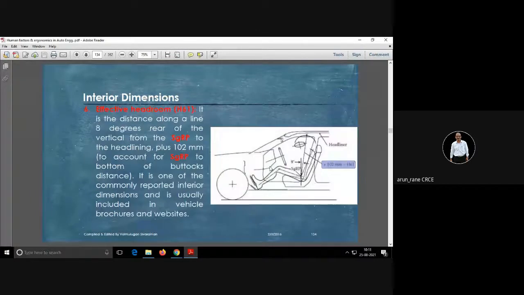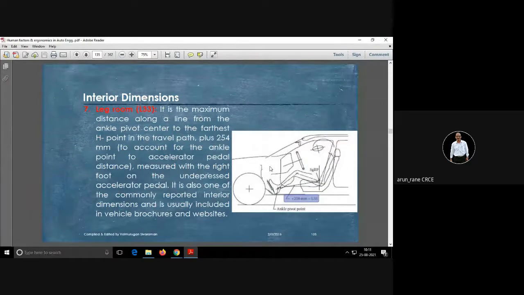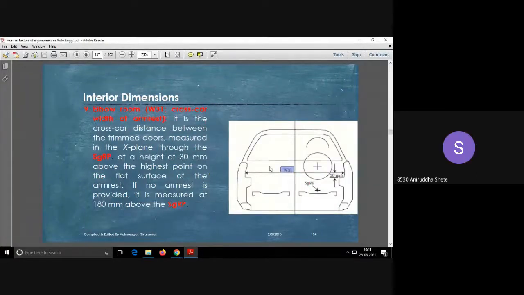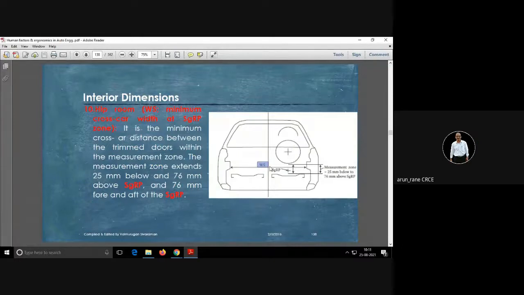Your belt height, your effective headroom, like leg room. When you want to come out of the car, your head should not bang. And similarly, elbow, shoulder room.